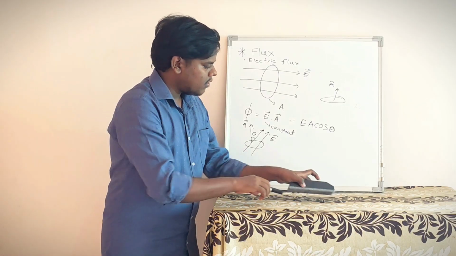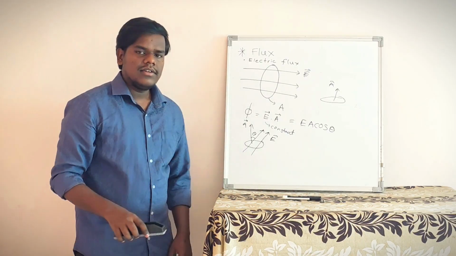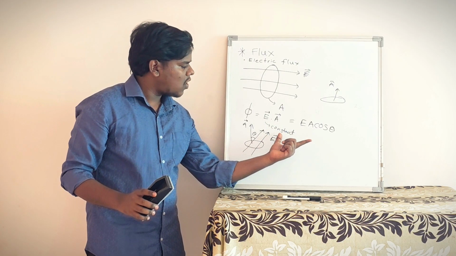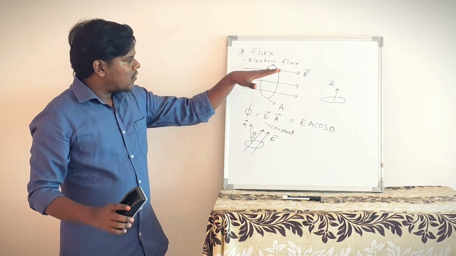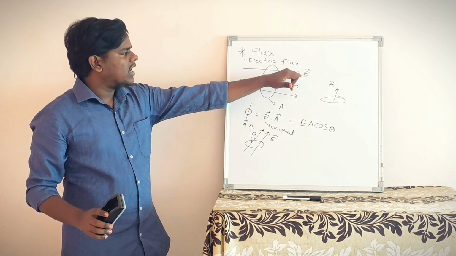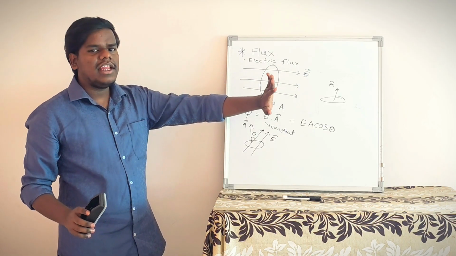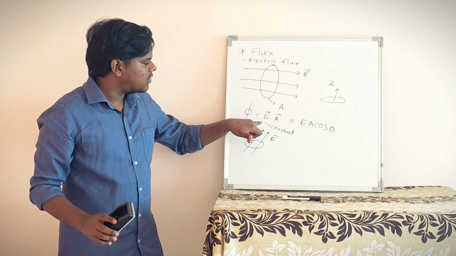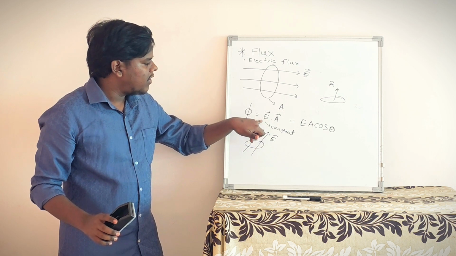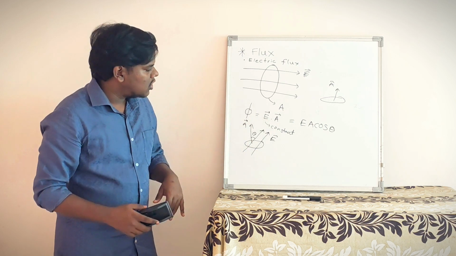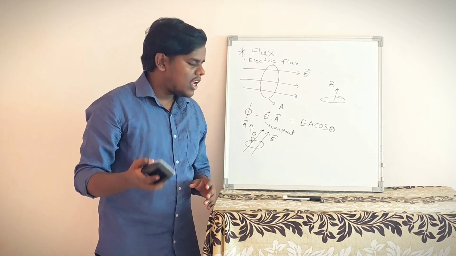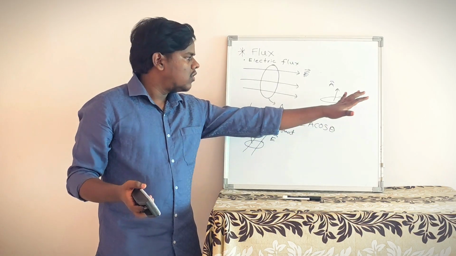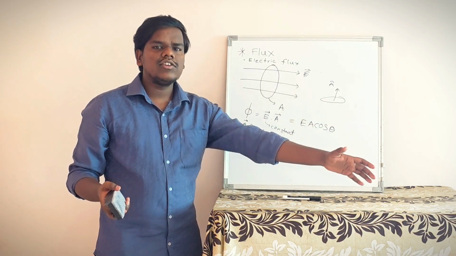So now we have seen when the electric field is constant, meaning for the whole surface the electric field is in the same direction and has the same magnitude. So this is the formula for when electric field is constant. Now let's see another example where the electric field is changing with the area or with the curve of the object.